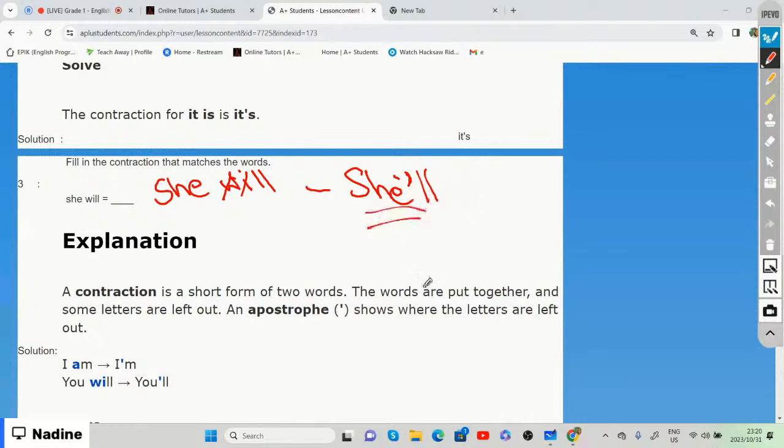So that's she'll. She'll play cricket tomorrow. She'll play soccer tomorrow. Instead of constantly saying she will go to the park, she will go to school. And not forgetting the apostrophe that we need to add there after she.